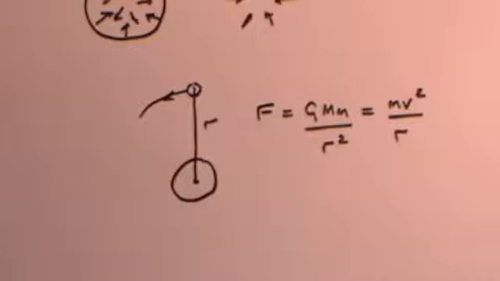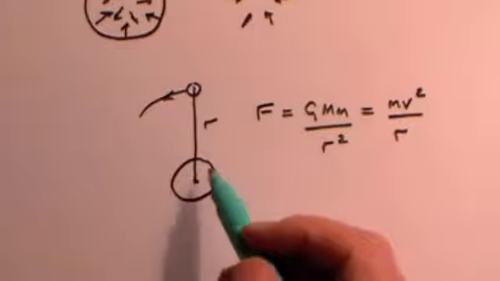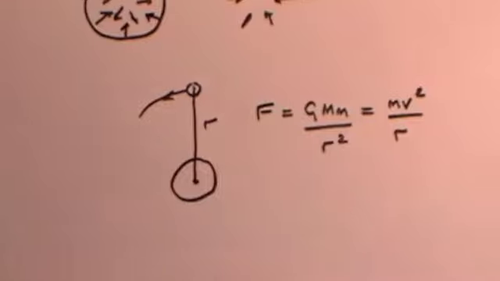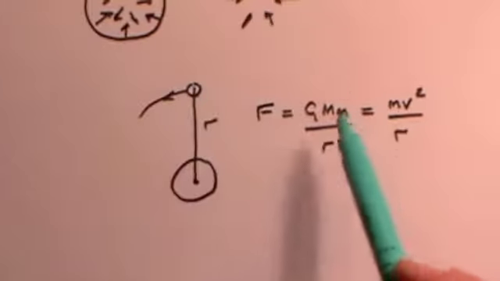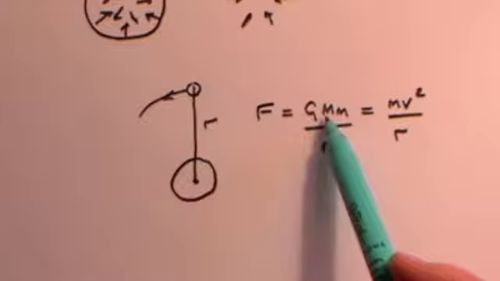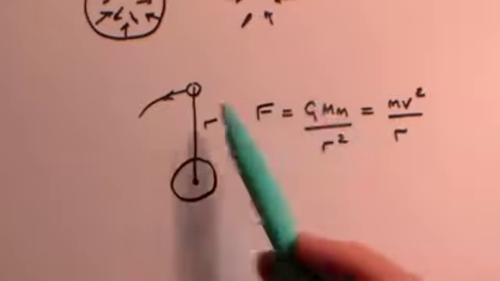Now suppose the Earth were suddenly, by some mechanism, to become a black hole. So it just becomes a black hole with all its mass residing in a dimensionless point. As far as the Moon is concerned, it doesn't care. The G, M and m remain the same. The mass of the Earth is still capital M. It's just that it's now all in a dimensionless point at the centre. r squared remains the same.